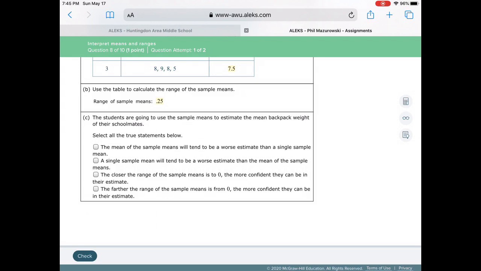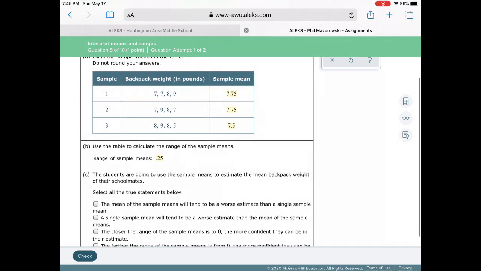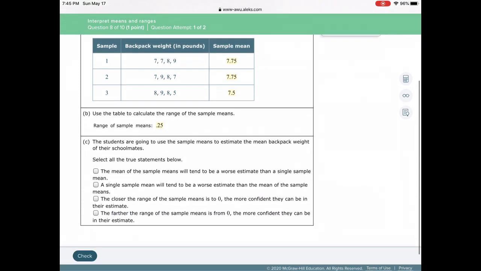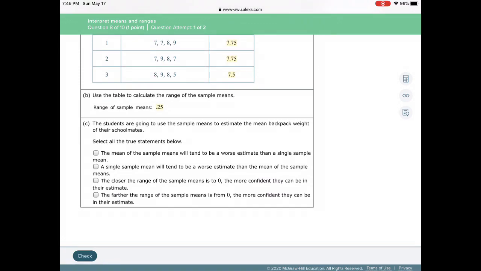If these sample means, say one was 10, one was 2, one was 15, that means there's a lot of variability and you can't really trust this average. You can't really trust the mean, because it's all over the place. But the fact that most of these sample means are all very similar to each other, we can totally trust this. And that's what we're talking about here.